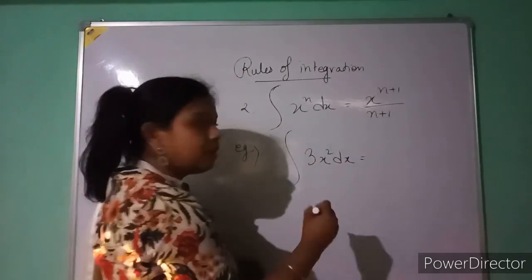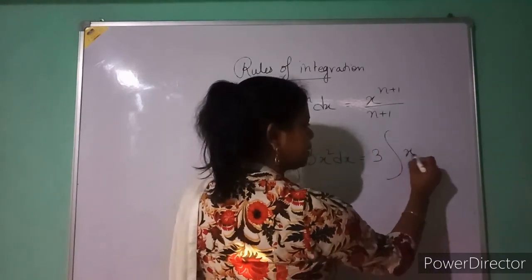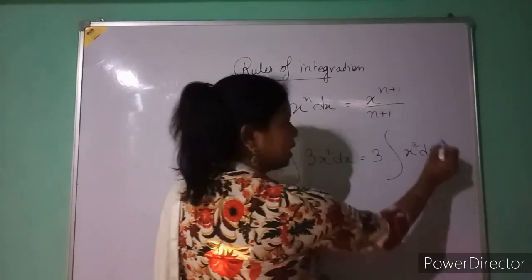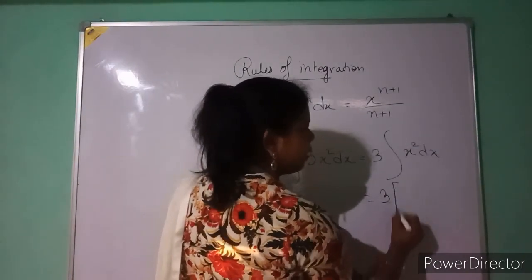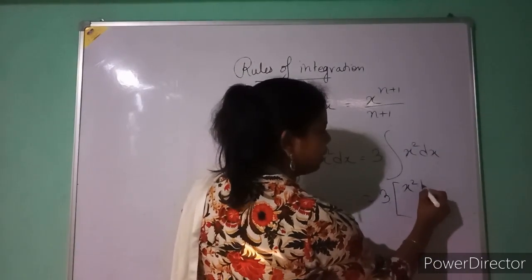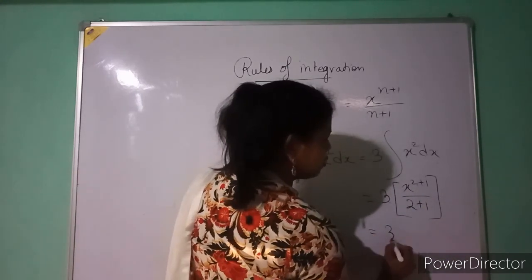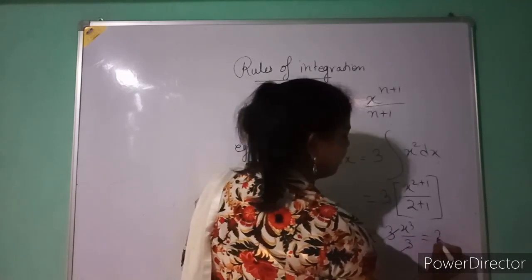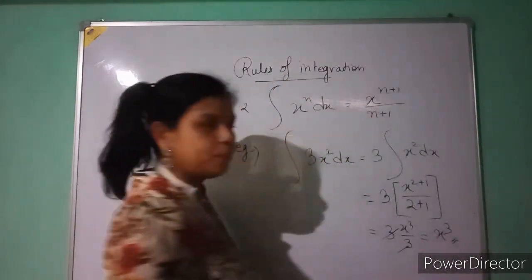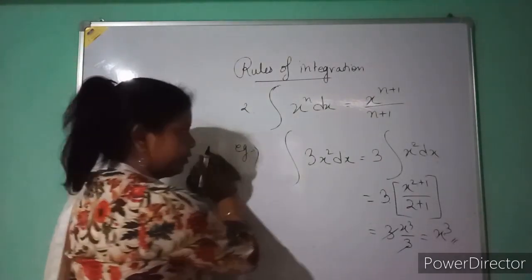So what will happen? 3 will come out according to the first rule, then integration of x square dx will come. This is my second rule, so I can write 3, then x to the power 2 plus 1 divided by 2 plus 1 will be there. So I can write this as 3x cube divided by 3. 3 will cancel out, so I will get x cube. Hope you have understood. So this is my second rule for integration.